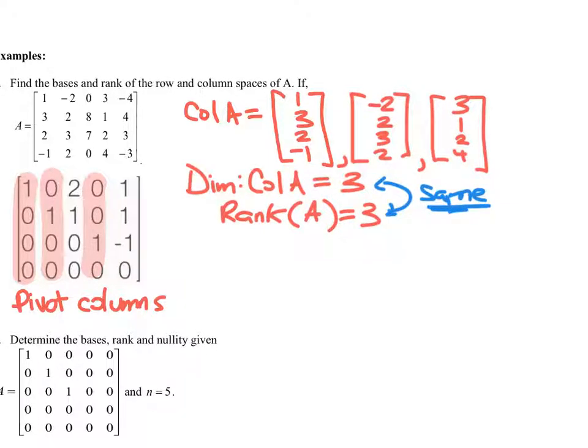Somewhere along the line, somebody decided, you know what, writing dimension of column space of A is just way too much work. So we'll just call that the rank. I guess rank is a good enough word as any, because really it's just telling us what the relevant vectors are in the matrix in order to define the real space. If you wanted to compare one matrix to another, you talk about the rank.